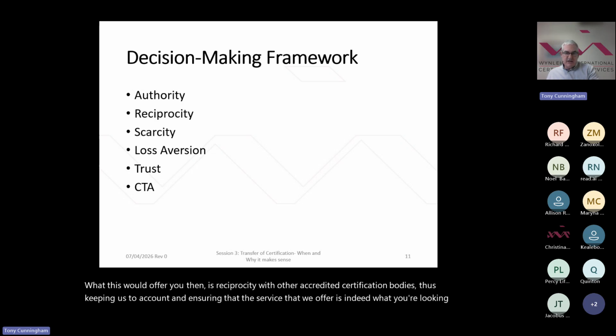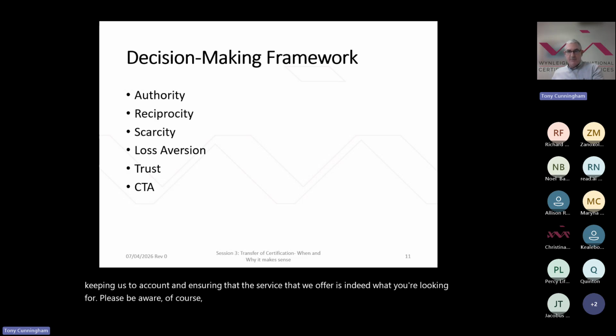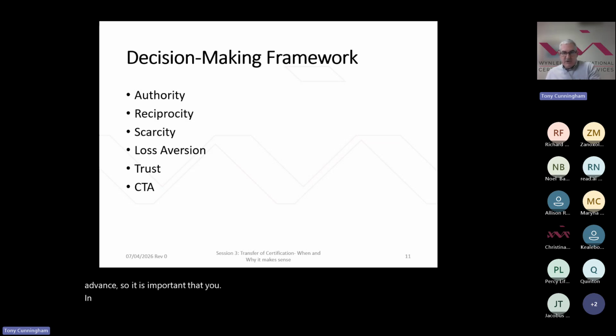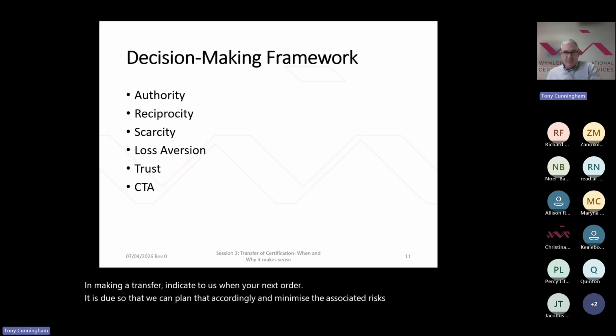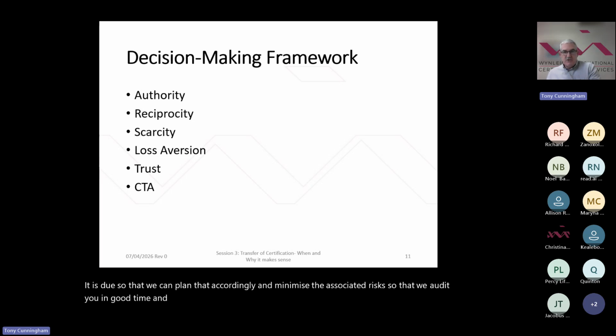Please be aware, of course, that our certification auditors book up sometimes a year in advance. So it is important that you, in making a transfer, indicate to us when your next audit is due so that we can plan accordingly and minimize the associated risks, so that we audit you in good time and allow you the opportunity to close any major non-conformities, should there be any, within the due period before expiry of your certificate.